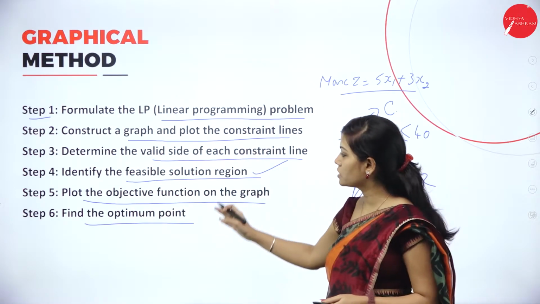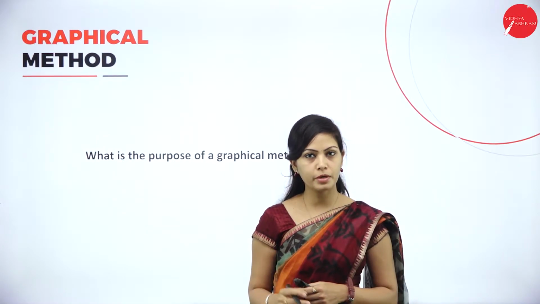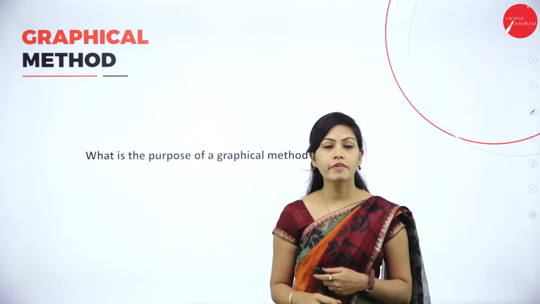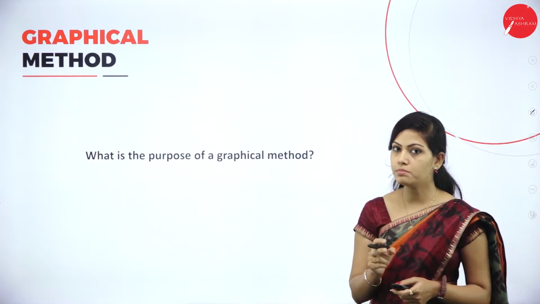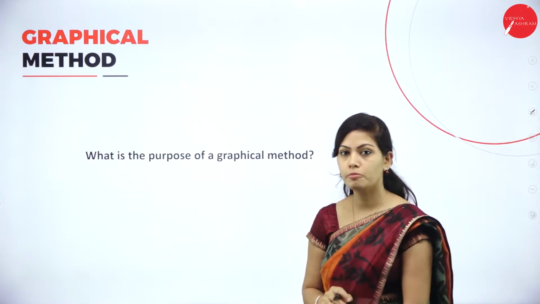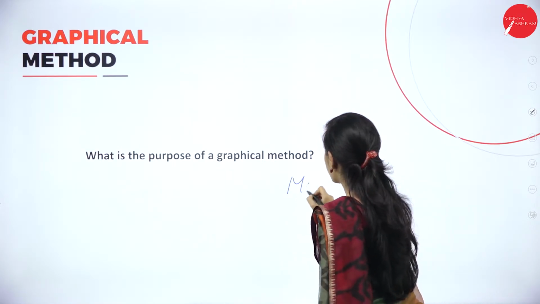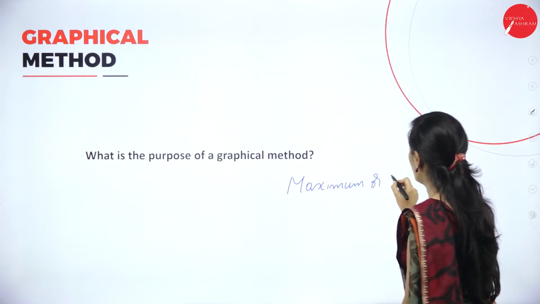So we have to use these steps for constructing a graphical method. What is the purpose of a graphical method? We use a graphical method of linear programming for solving the problems by finding out the maximum or lowermost point.